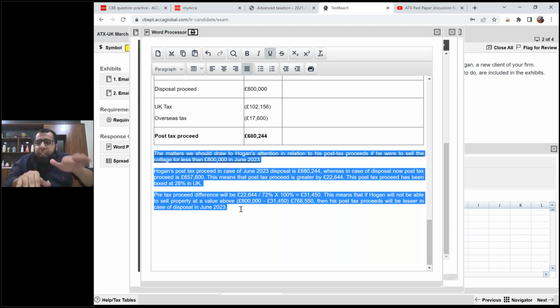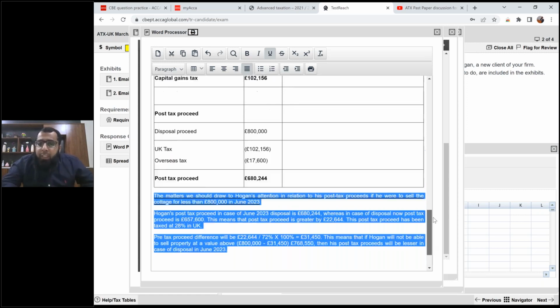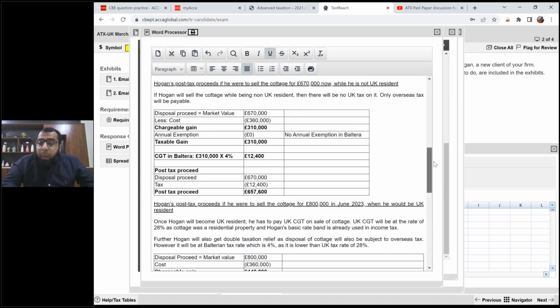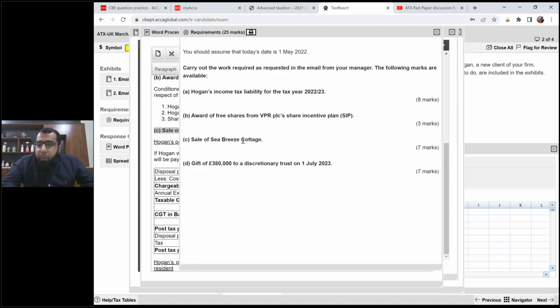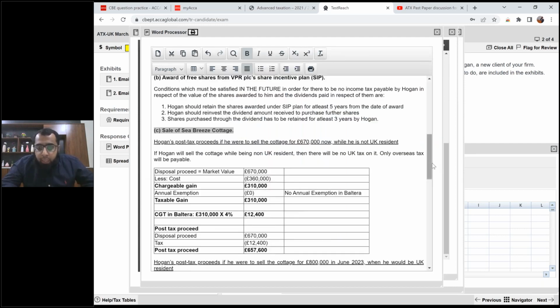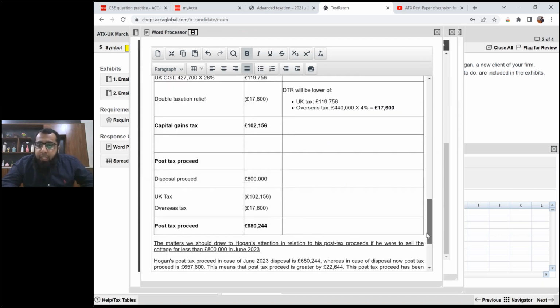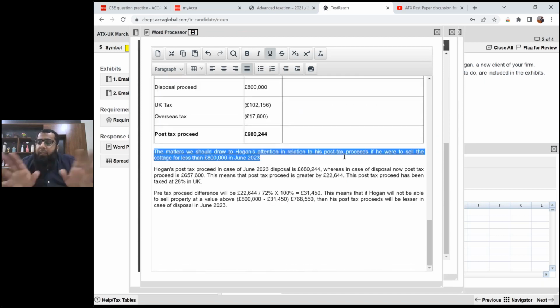You are spending 15 minutes on a 2 marks requirement, and even after 15 minutes, you will still be confused on it. So when you are doing this part B and this part C, and you know that this entire part C is of 7 marks, you are done with all this, and then you get confused here, simply leave that heading. Don't waste your time.